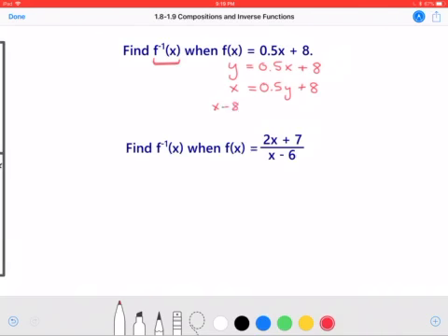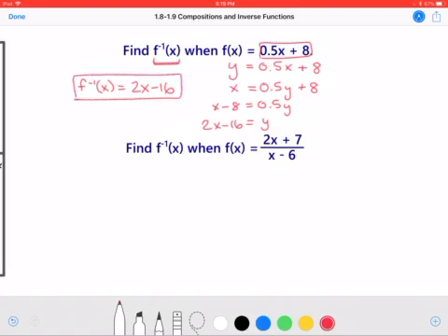So I'm going to subtract that 8 over. I could either divide by half or I could multiply by 2. That's how we find an inverse. We switch the x and the y, and we solve for y. And the inverse of an mx plus b is an mx plus b.